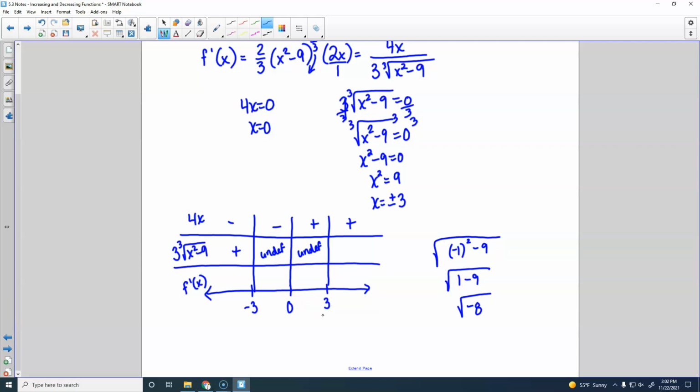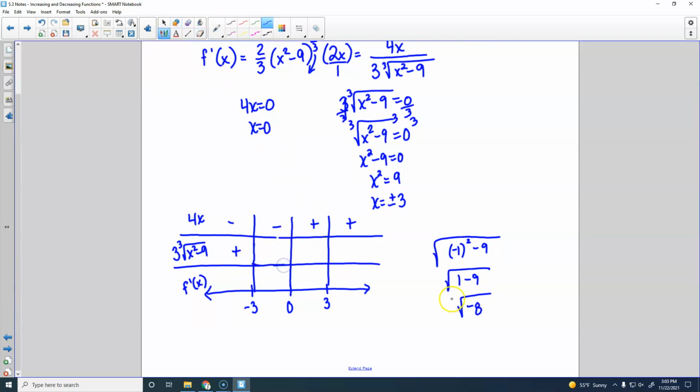Oh wait, I take this back. I'm lying to you. That would be true if it was a square root. It's not a square root. This is a cube root, and it is okay to have a negative under a cube root. Sorry, guys.